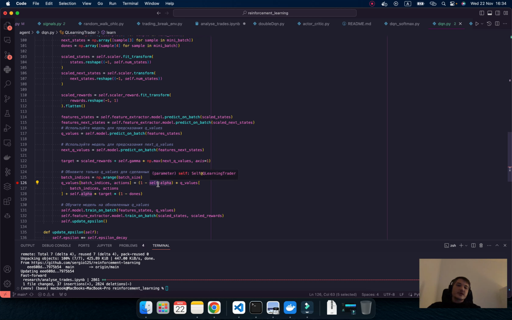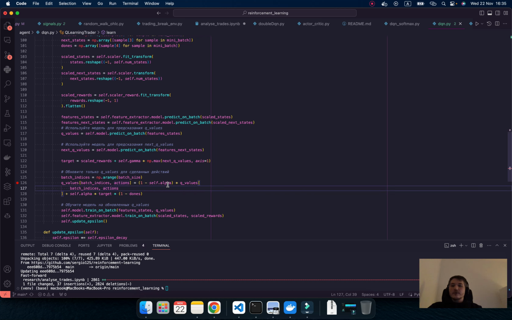It means sometimes we need to update a policy, because if we have a bad experience we need to update this with a high alpha coefficient, but if it is working well for us, we shouldn't update this Q value.